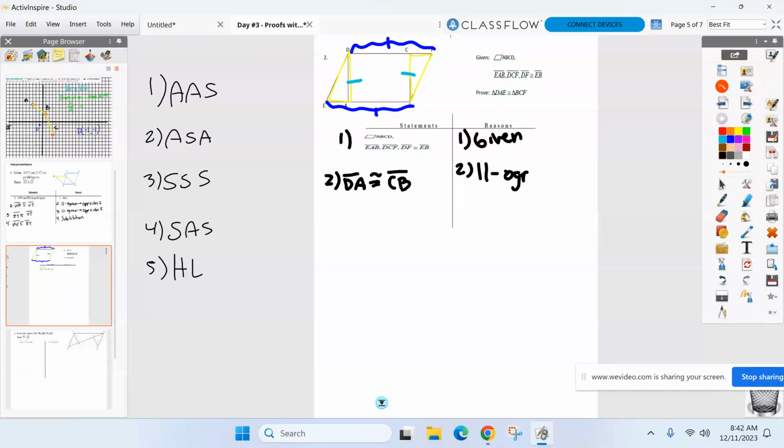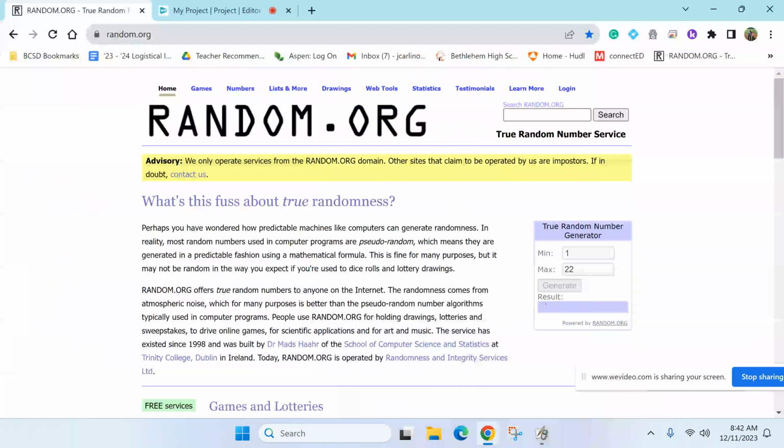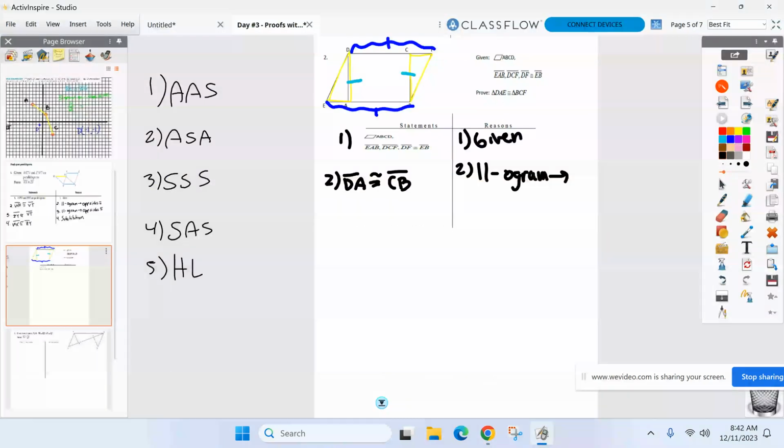Parallelogram implies. Tell me what property was just used there. What property did we just use, Vinny? Opposite side repeater. Good. We're building. We're getting there. Ready? Watch. I can put an S next to that because that's a side.